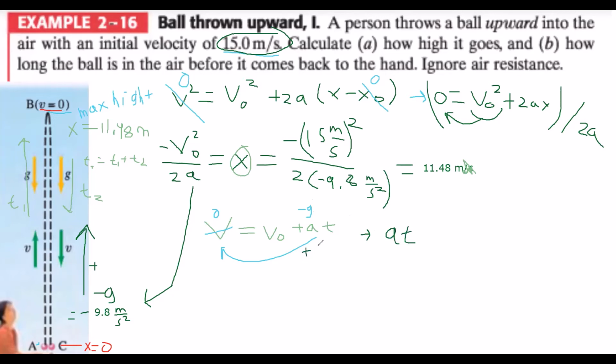That a is going to be replaced by negative g, so you're going to do plus g t. And then that's going to let you have positive on both sides. You don't need to do that. I just like to because it looks nicer in my brain. It's less, oh no, so many negative signs. So then you're going to divide by g on both sides. Get to t.